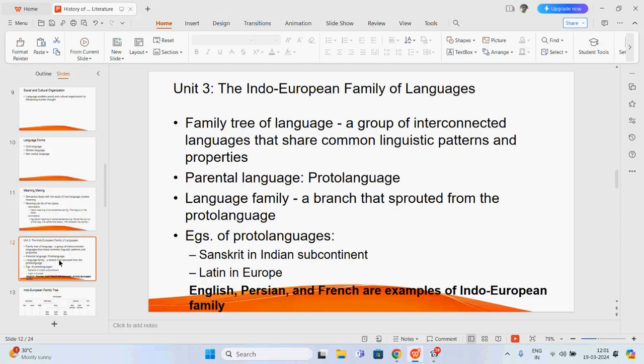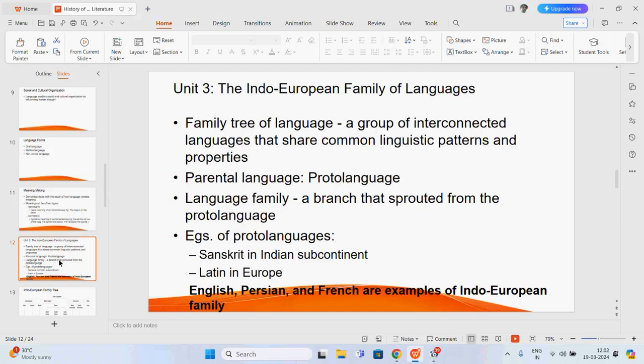Unit 3 continues with the introductory information on language, but here some very specific information is being given to you. Note down, we have still not come to the actual history of English language up to this point. Unit 1 and 2, purely introductory, were introducing us to what language is, trying to define language.